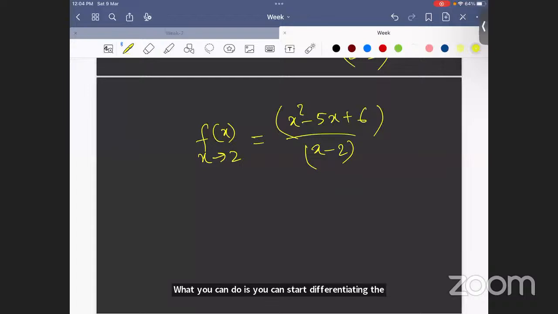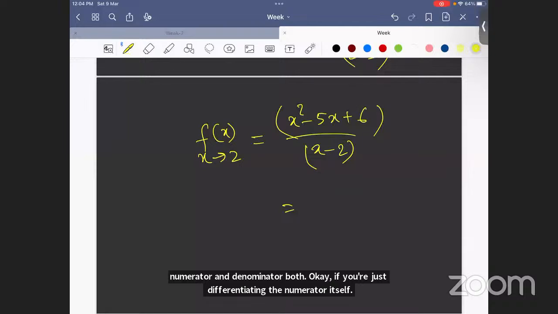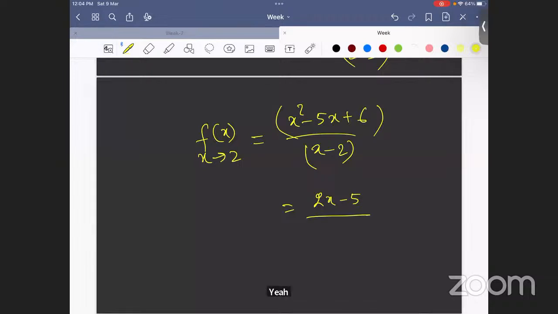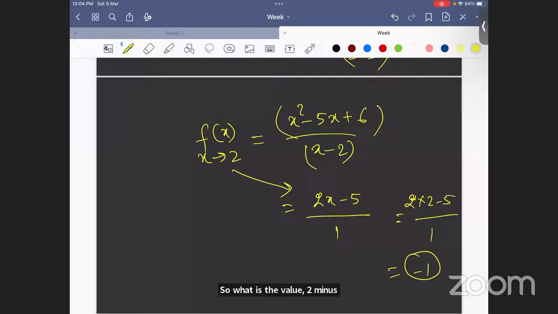If you are differentiating the numerator, what value will you get? 2x minus 5. And the denominator? 1. Can you put the value 2 now? So what value will you get? 2 into 2 minus 5 upon 1. So this is minus 1. So this is your limit, correct? The limiting value of the function whenever you are tending to 2.